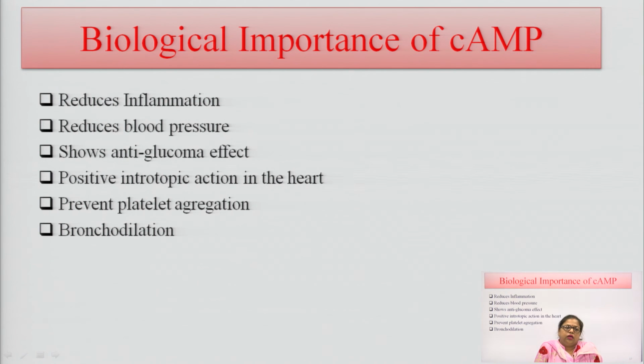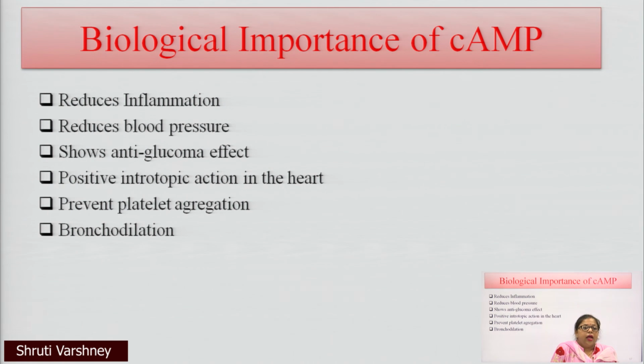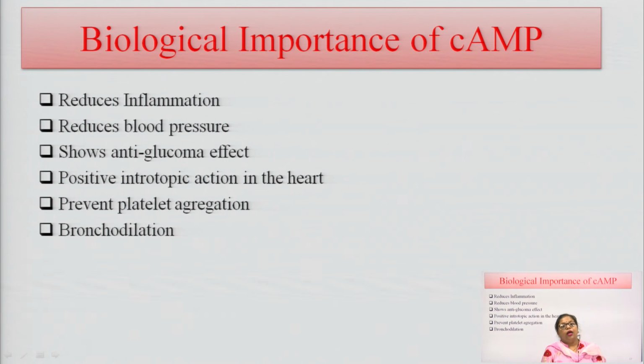It also has an anti-glaucoma effect, showing a positive inotropic action in the heart, meaning it increases the activity of the heart. It helps control platelet aggregation, which means it shows antithrombotic action, and it is used for bronchodilation, the dilation of the bronchial cells. So, it is also helpful in asthma or any type of lung related disease.